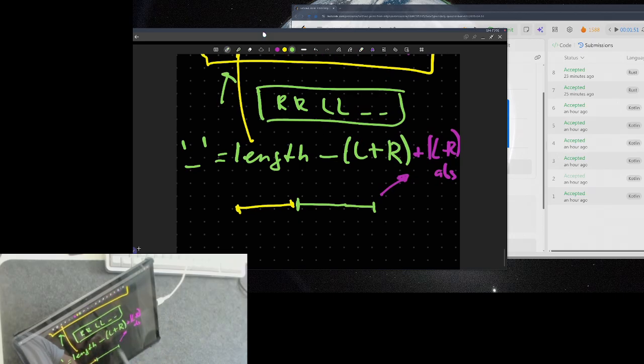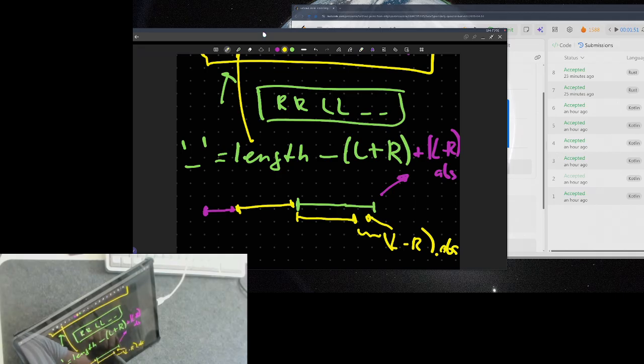Now L plus R plus underscores, so this would be underscores. This is the entire length. Now L minus R is the difference: take the yellow, it's shorter, and this small difference will be the absolute value of L minus R. This is a short difference.